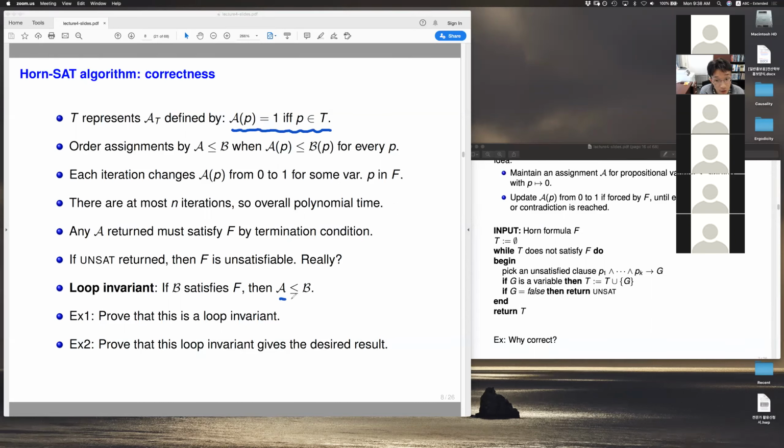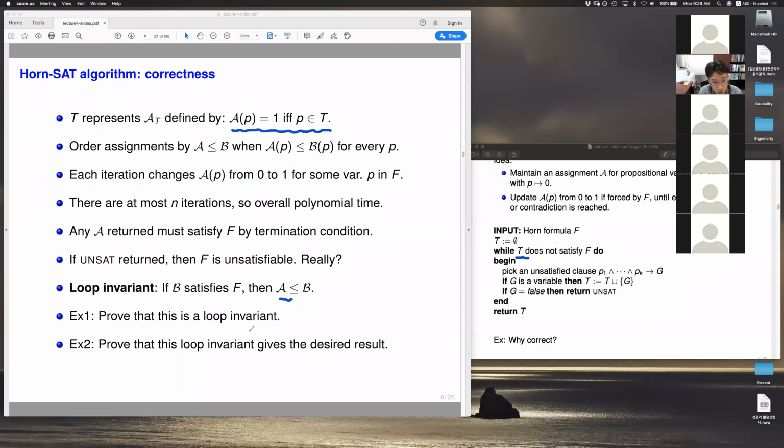So this A is going to keep changing because T is going to be changed again and again. But it will always satisfy the condition that A is always smaller than or equal to B. That condition will always be true, and that can be shown by using the so-called loop invariant technique.